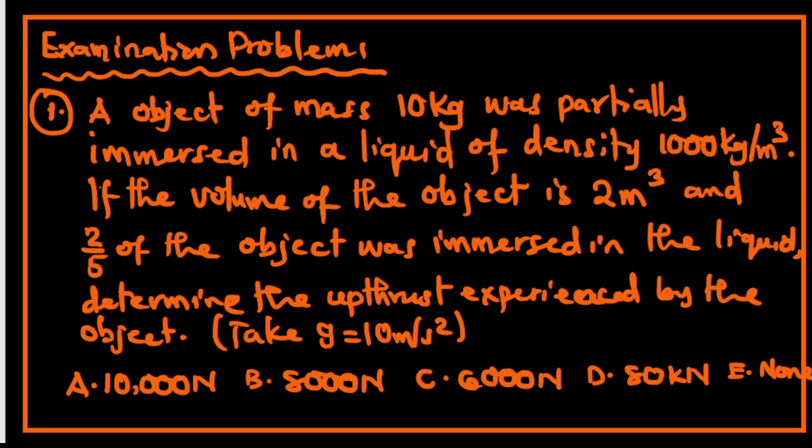So according to the question, you have an object of mass 10 kg partially immersed in a fluid of density supplied as 1,000 kilogram per meter cube, and the volume of the object is supplied as 2 meter cube.